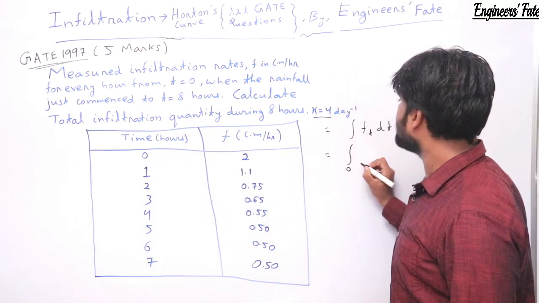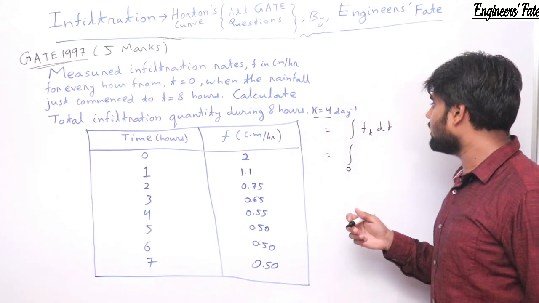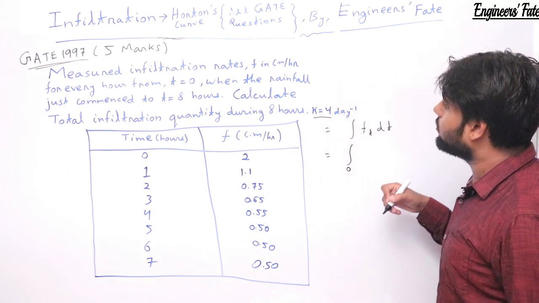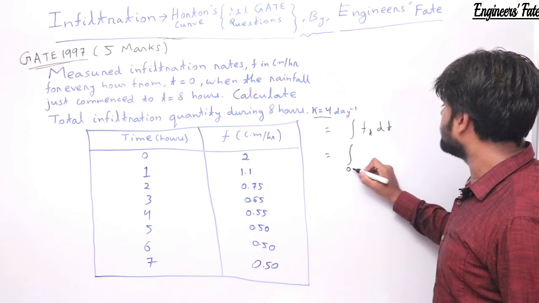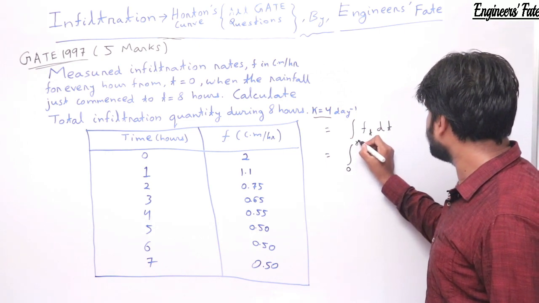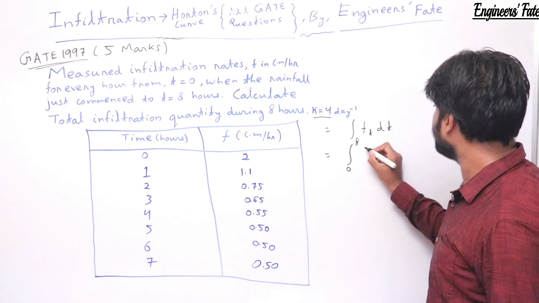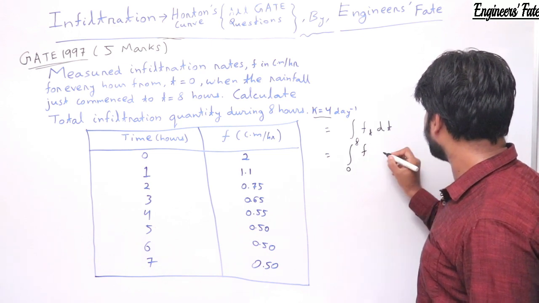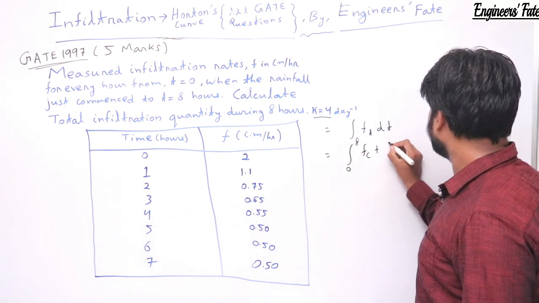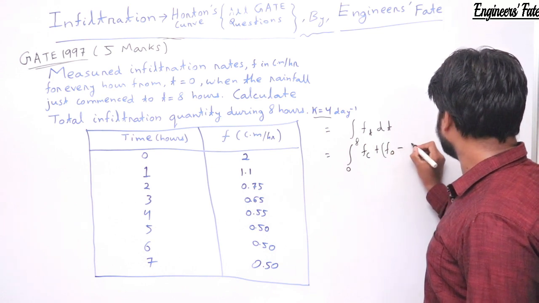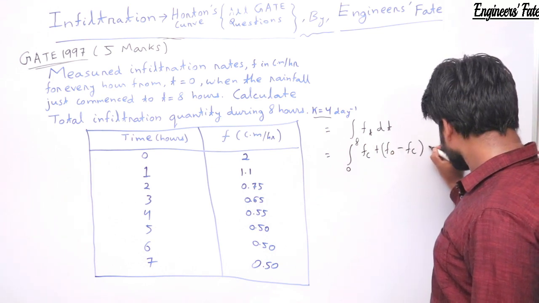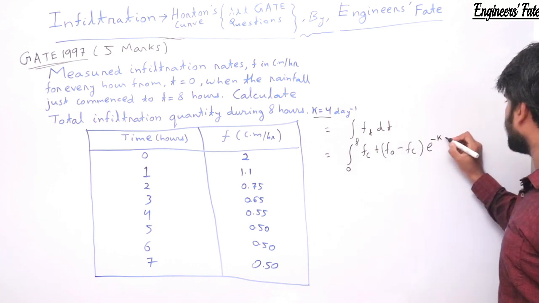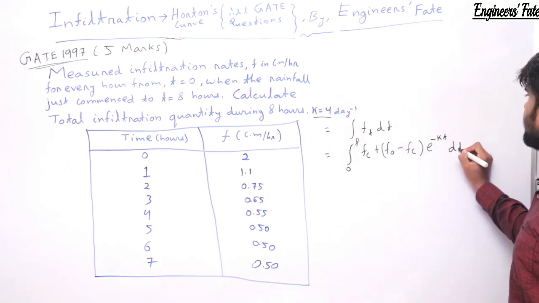So he has asked us the total infiltration for 8 hours. That means my range will be 0 to 8, and f(t) equals fc plus (f0 minus fc) into e to the power minus kt, dt.